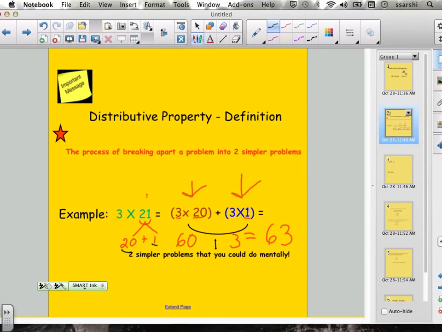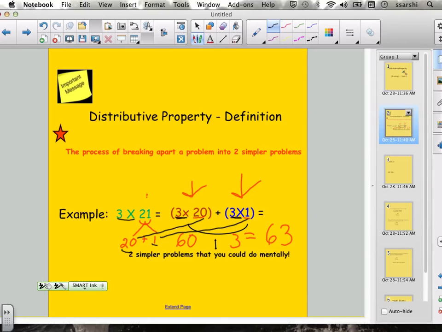So when we use the distributive property, we're talking about parentheses. The two simpler problems have 3 times as the constant in both sets of parentheses. We've taken 3 times 20, moving this 20 over here, and then 3 times 1, bringing this 1 over here.